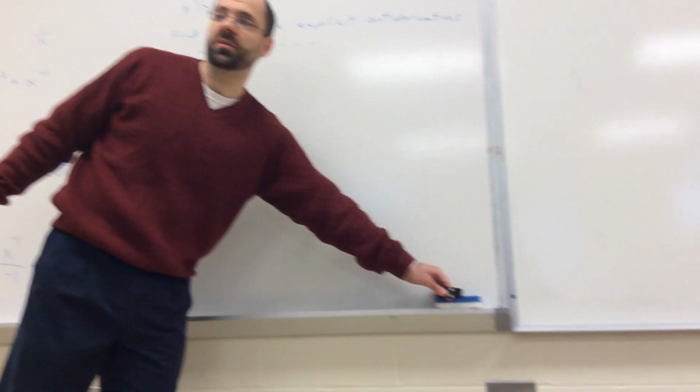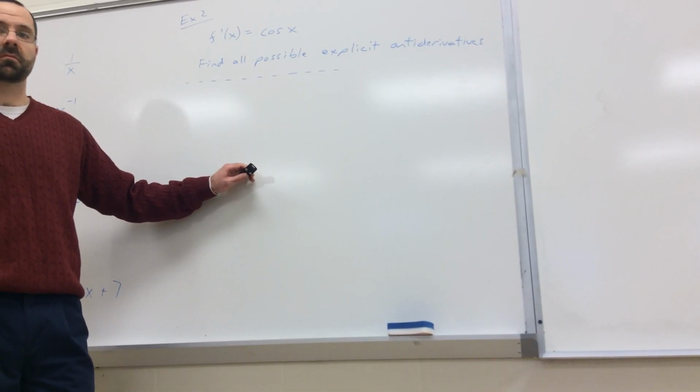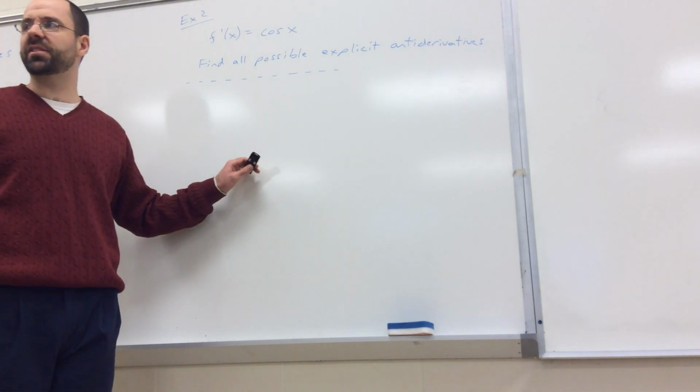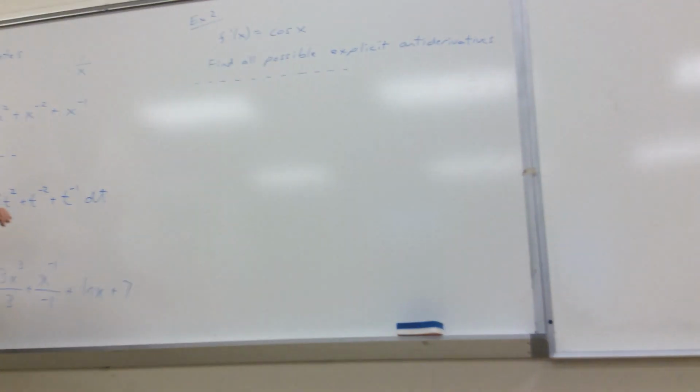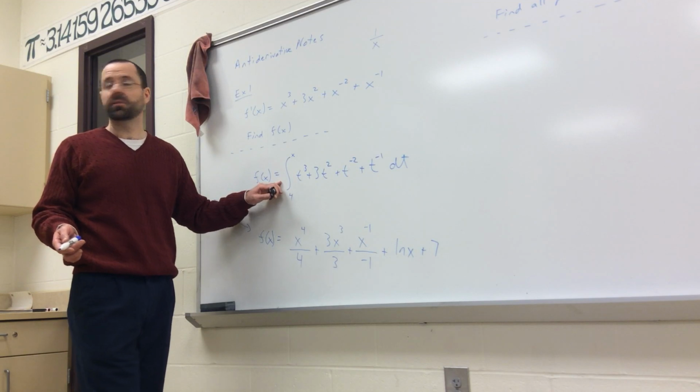Find all possible and explicit antiderivatives. So since it says find the explicit antiderivative, that means I'm not allowed to just slap an integral sign on it and get an answer.